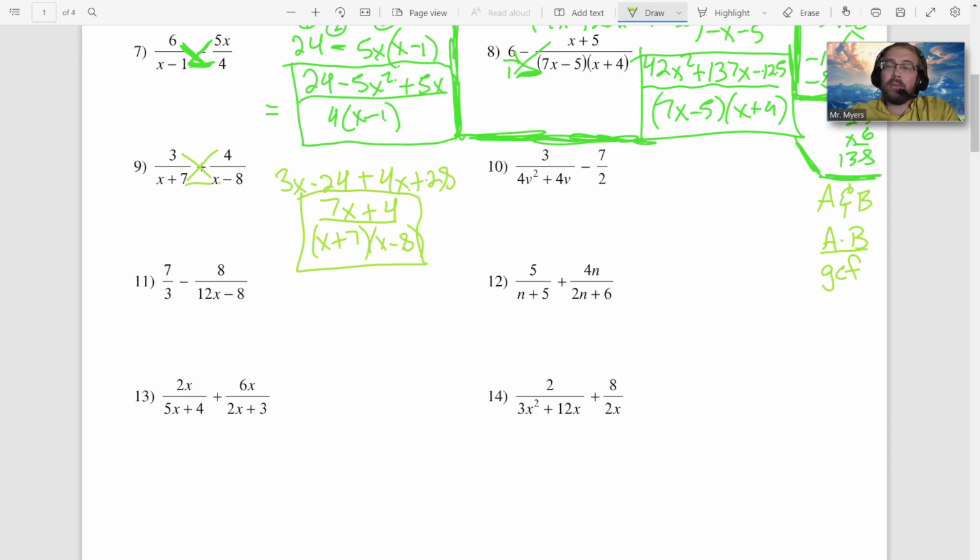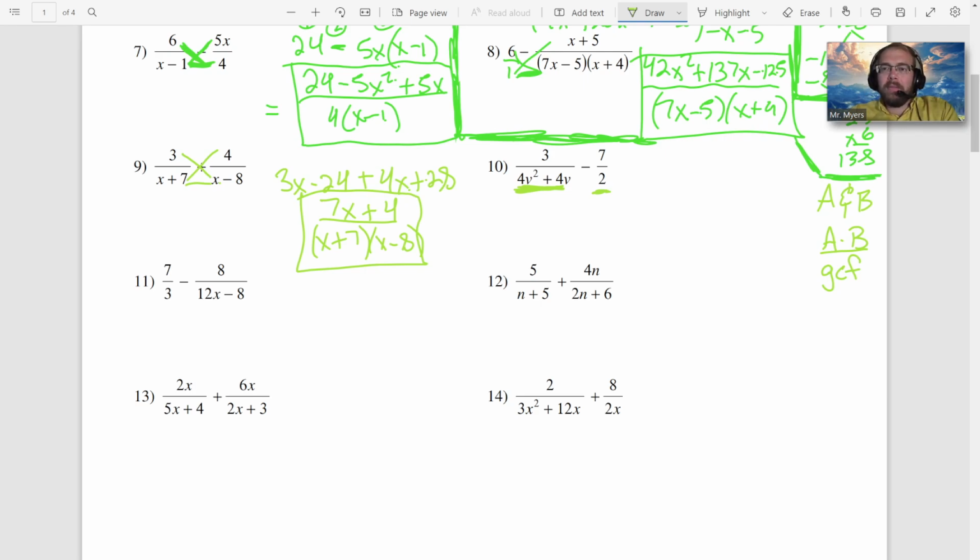Now, if you have more than two things, this method doesn't work, but anytime you're just adding or subtracting two things at a time, if you want the least common multiple, it's always going to be the product, multiply the two things, and then divide by the GCF. So what is the GCF of these denominators? Well, it's 2, because this whole binomial divides by 2, and that is a 2. So the GCF is 2.